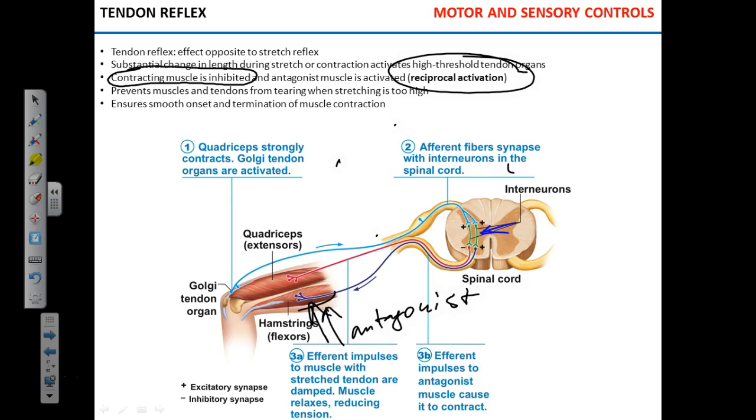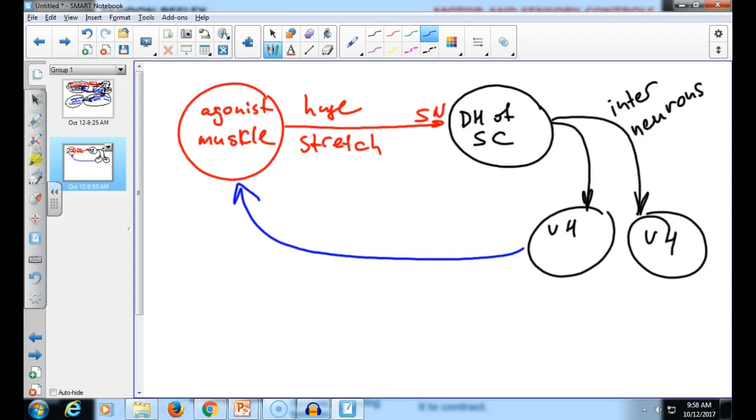And the red and blue on this picture are motor neurons. So let's go back to that picture. So that's one motor neuron, okay? And the signal that it conveys is inhibition, relaxation. Does that make sense?